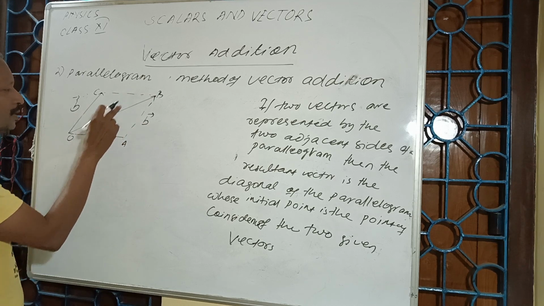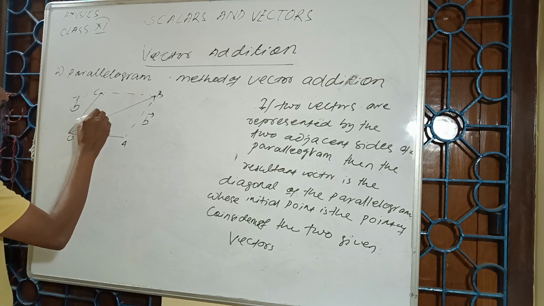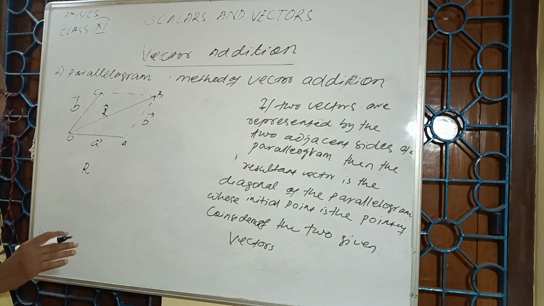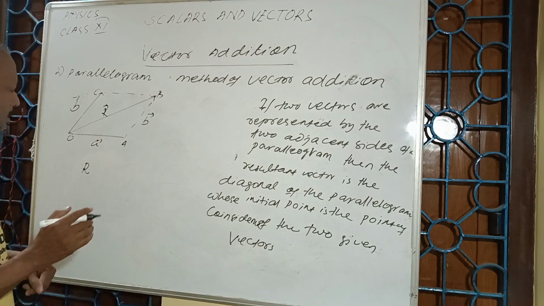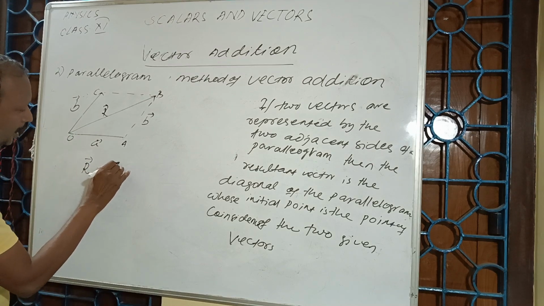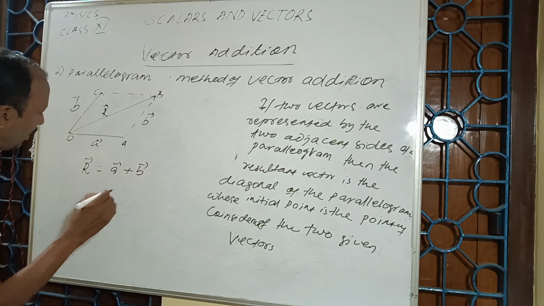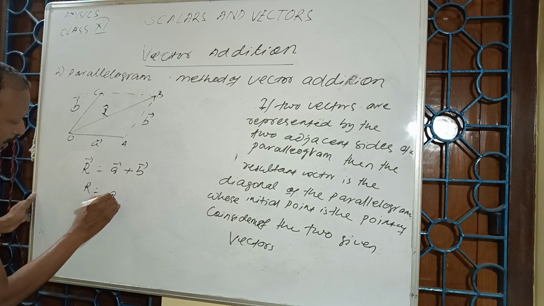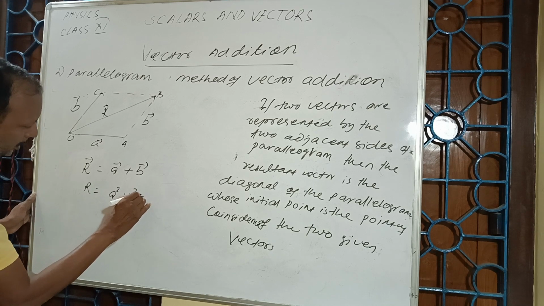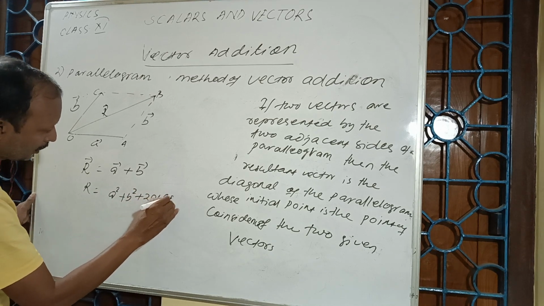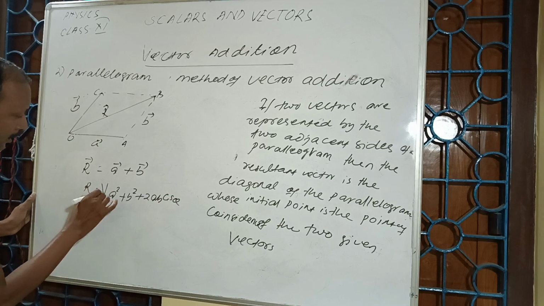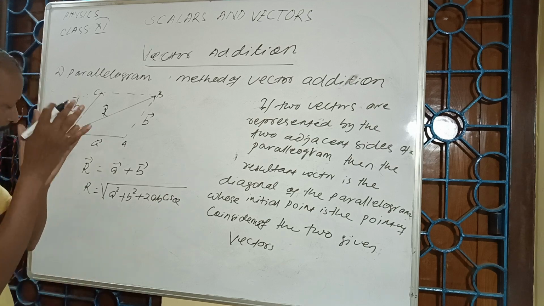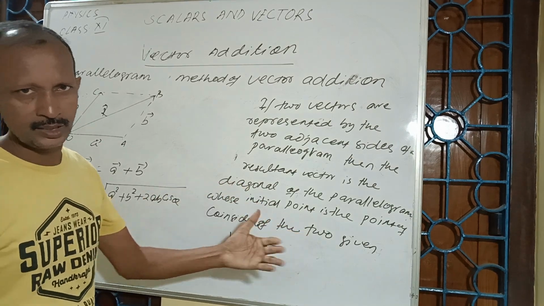So now I can write this resultant vector R is equal to A plus B, or its magnitude I can write R equal to root over A square plus B square plus 2AB cos theta, like the previous result we got.